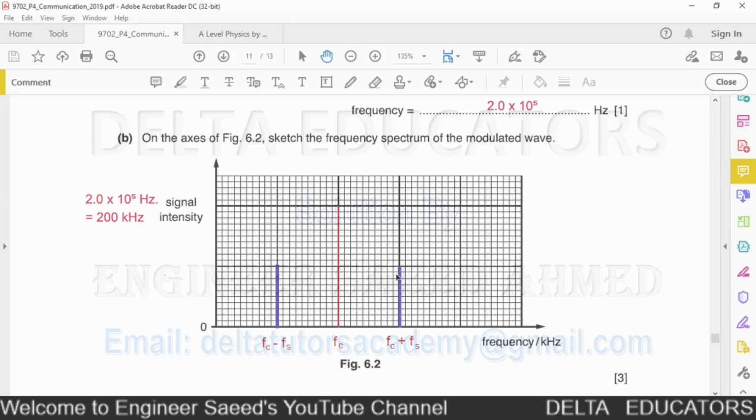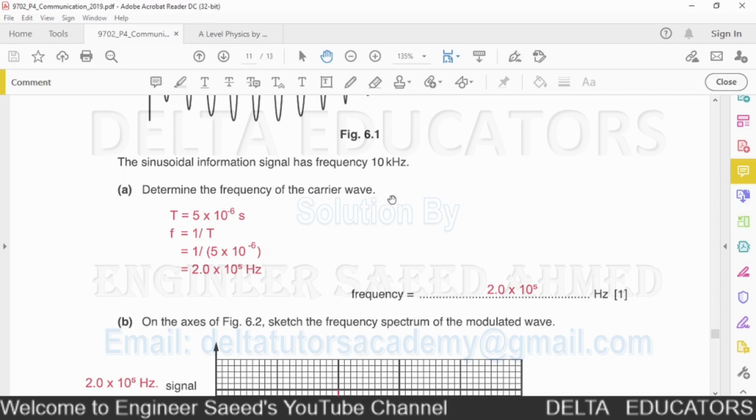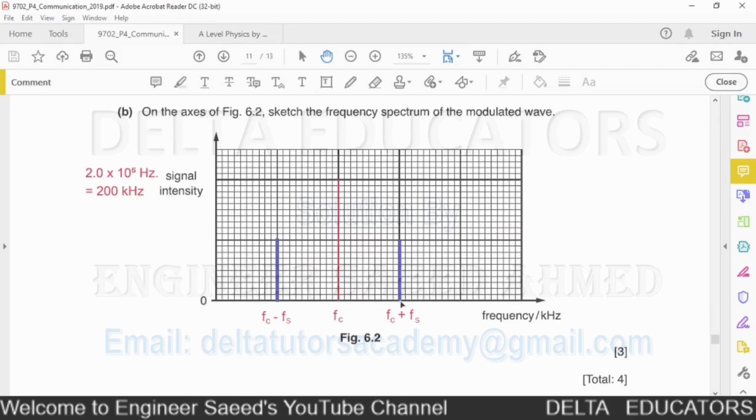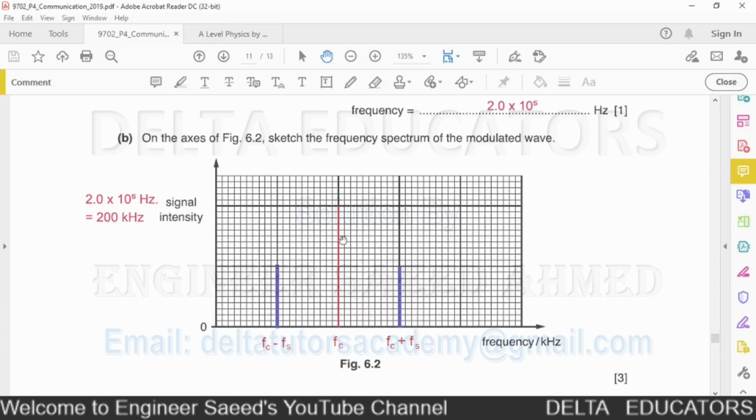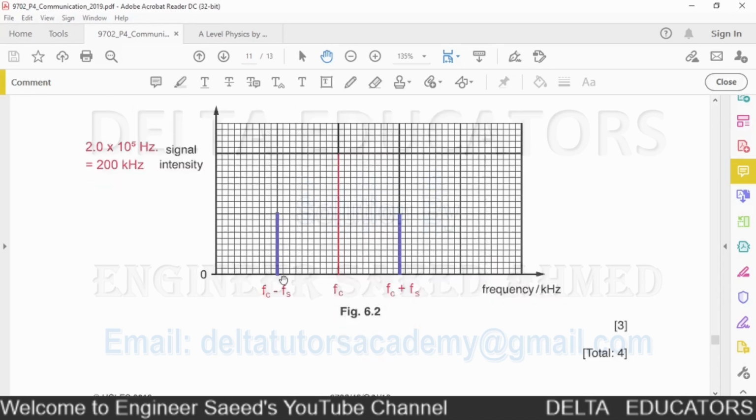Fs is 10 kHz, so Fc plus Fs will be 200 plus 10, which is 210, and this will be 200 minus 10, which is 190. So this frequency will be 200 kHz, this frequency will be 210 kHz, and this frequency will be 190 kHz.